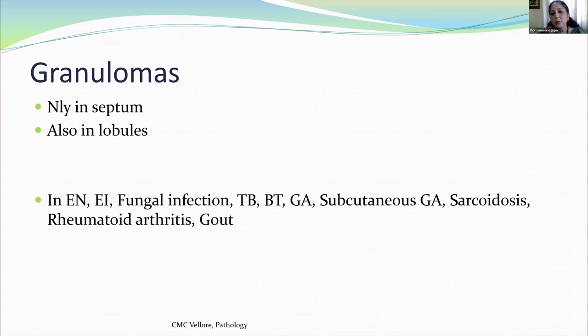Remember, granulomas usually in the septum are not associated with vasculitis, like in erythema nodosum, but granulomas in the lobules are usually associated with vasculitis, though it's not a 100% rule. It's just that most of the time, if you have a lobular granulomatous panniculitis, usually you should look for vasculitis.